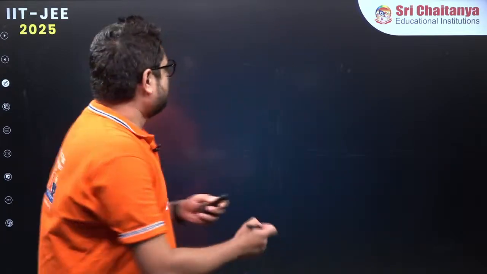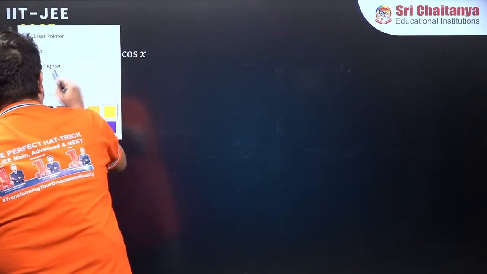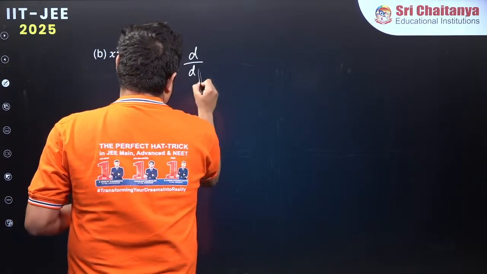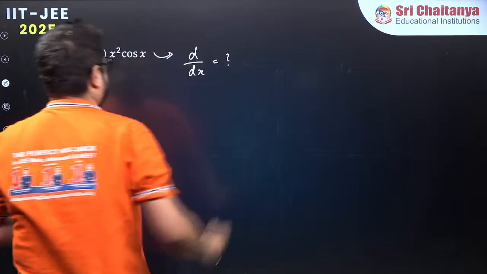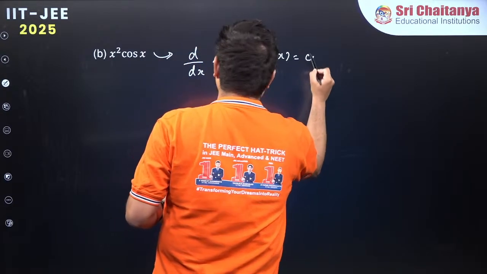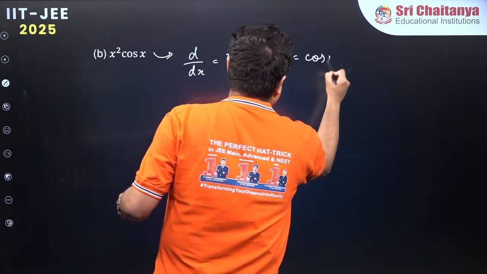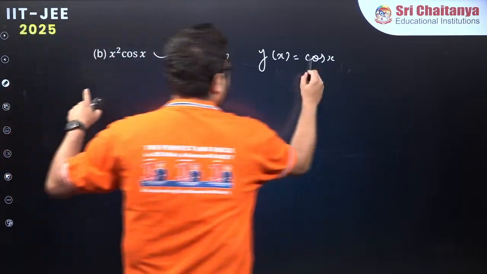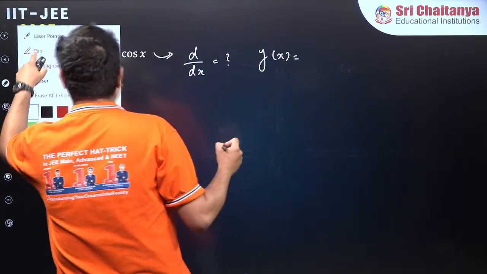Once again you are being asked to perform d by dx. Over here y is a function of x, equal to cos x multiplied by x square, or else you can write it as x square cos x, isn't it?